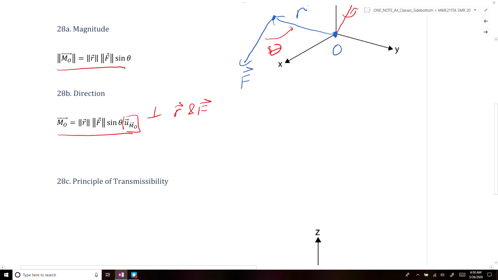An important thing to think about when you're calculating your moments using this equation is the principle of transmissibility. It states that you can choose your position vector to simplify your calculations as long as it lies along any point where the force is being applied.